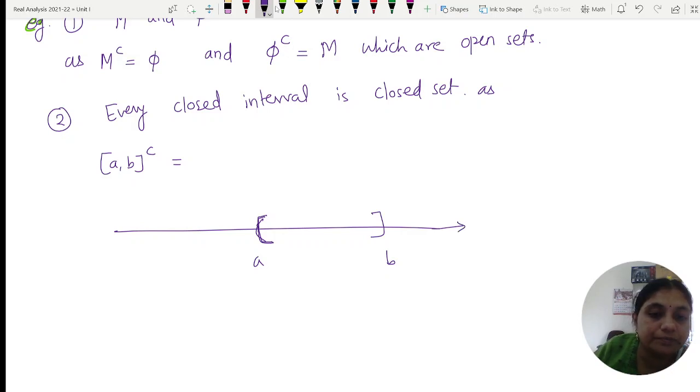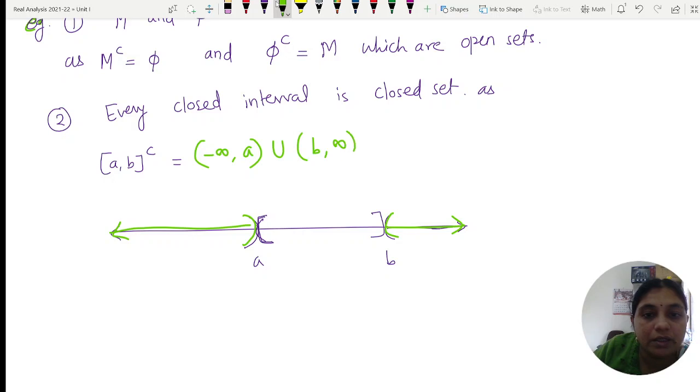what is its complement? The complement will be the union of these two sets. Complement means R minus this set. So that set is (minus infinity, a) union (b, infinity). And these are open intervals already.